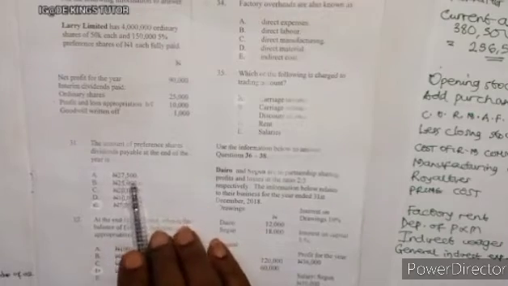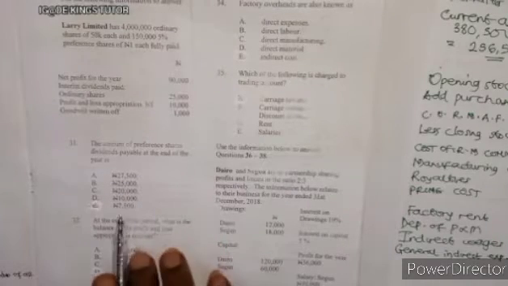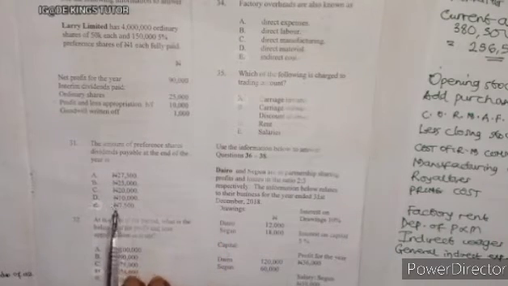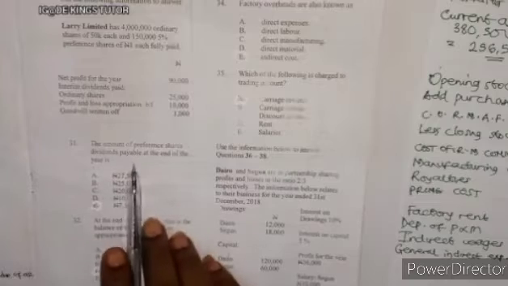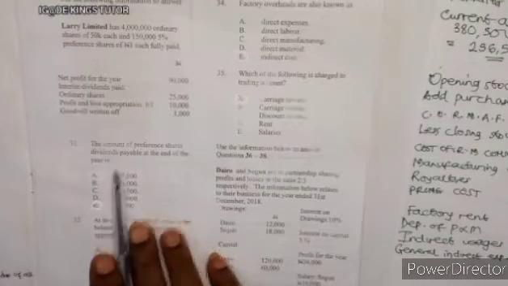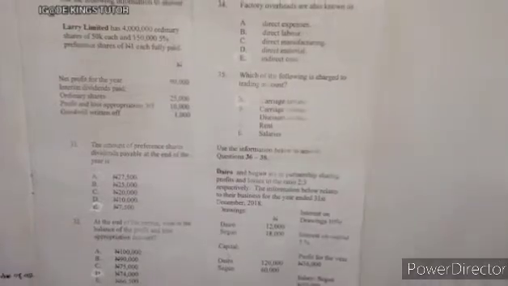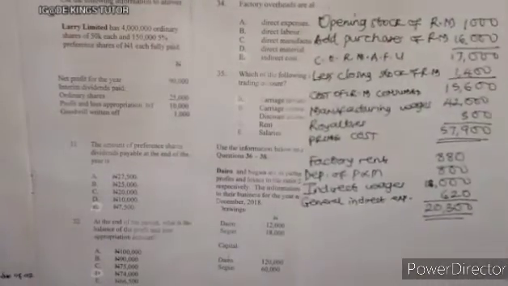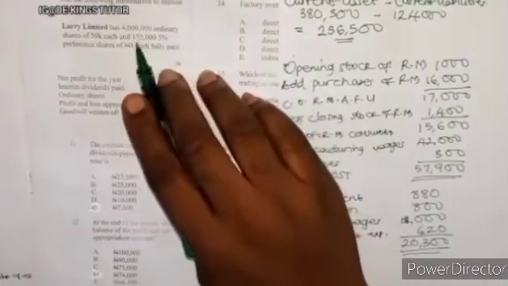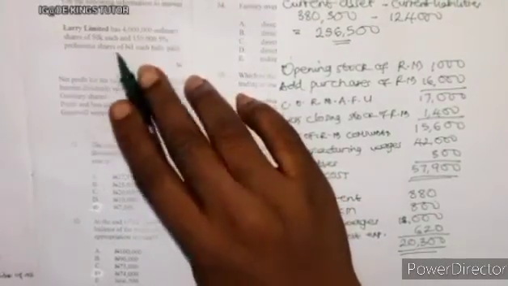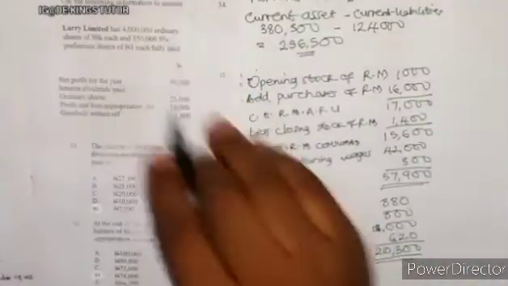A, 27,500. B, 25,000. C, 20,000. D, 10,000. E, 7,500. Okay, so what will be the preference shares dividend? Look at the preference share here, they say 150,000 5% preference share of 1 naira each.